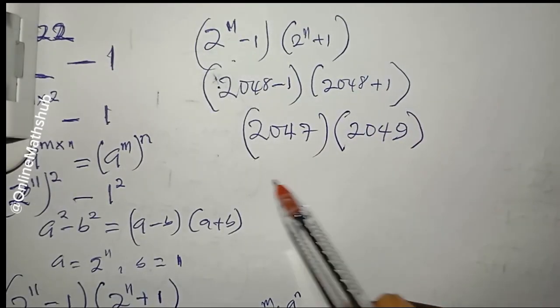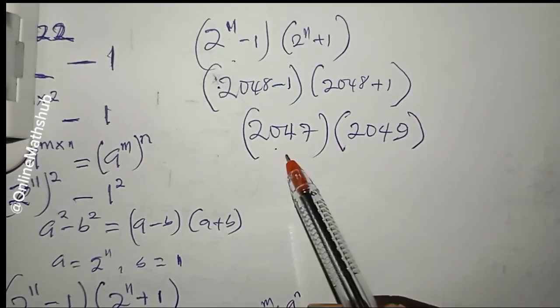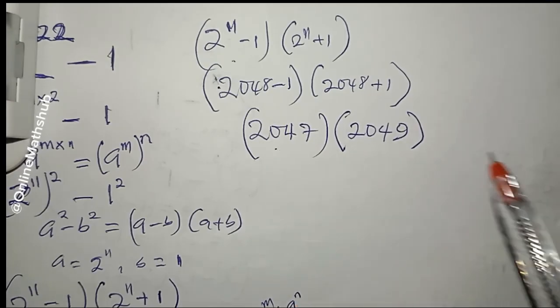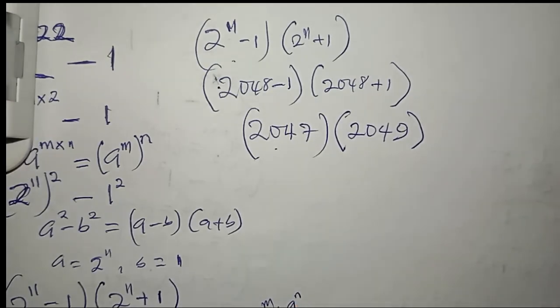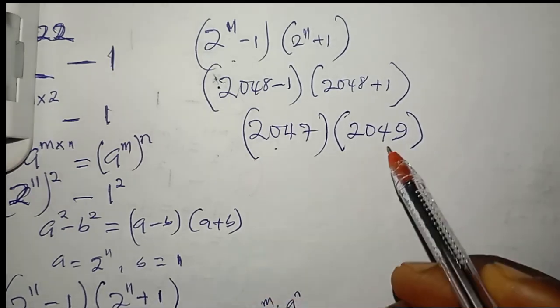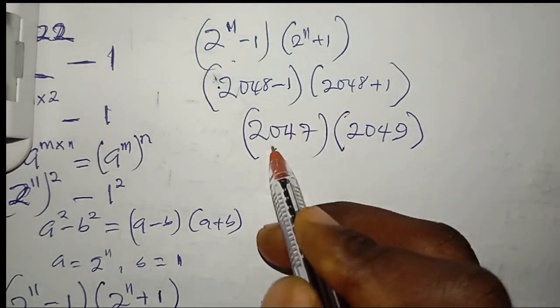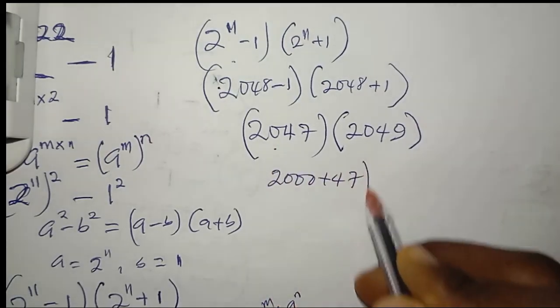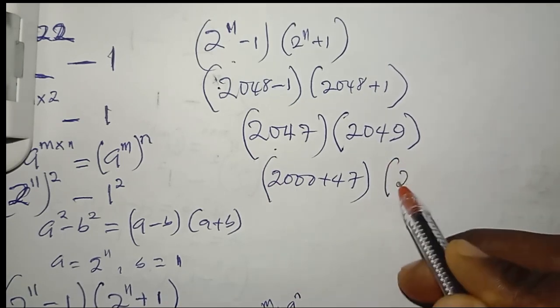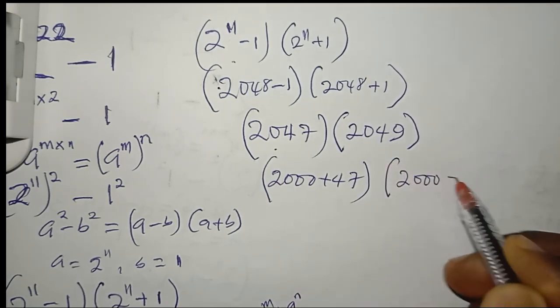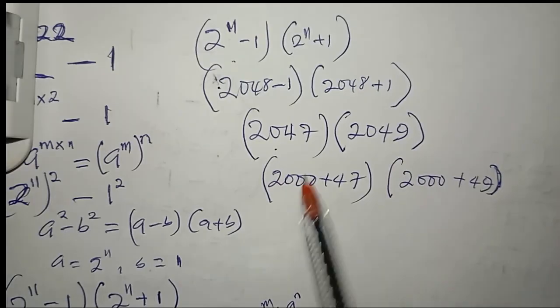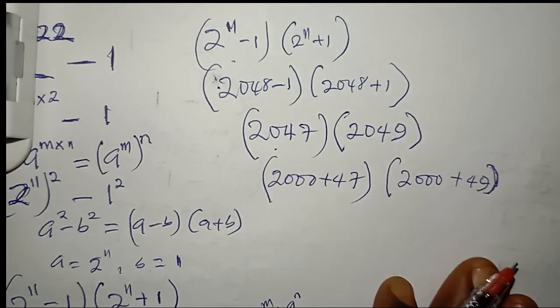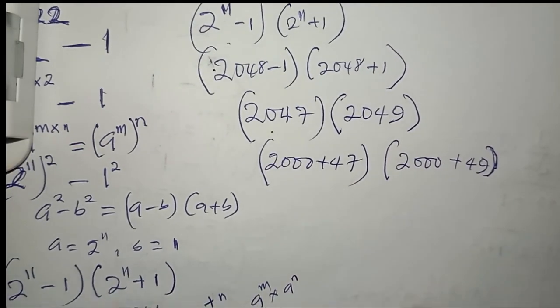The next challenge is how can you multiply these two brackets right here? I'm going to show you a very simple trick, which is to split these two numbers. You can split this one as 2000 plus 47, and this one as 2000 plus 49, so you've got it in the form of a plus b multiplied by a plus b. You can just use the expansion rule.